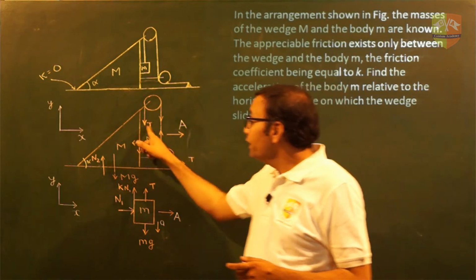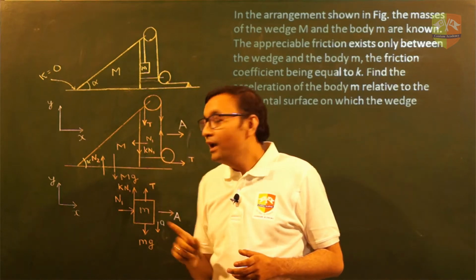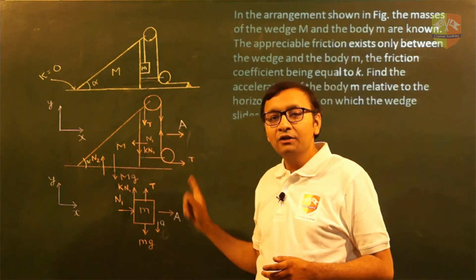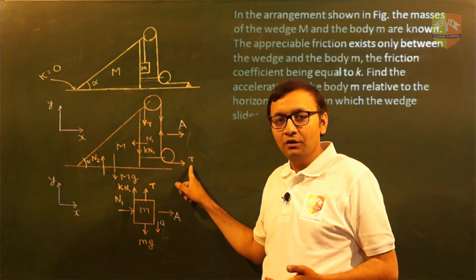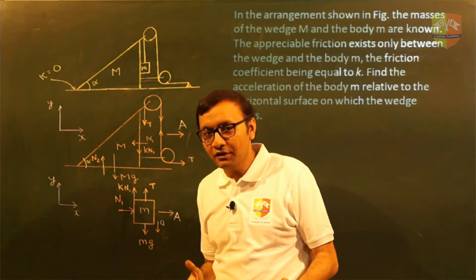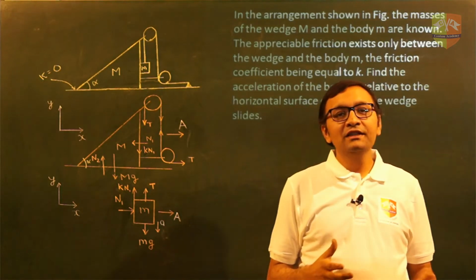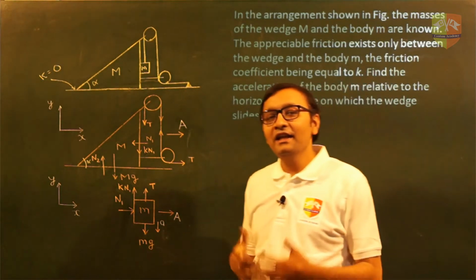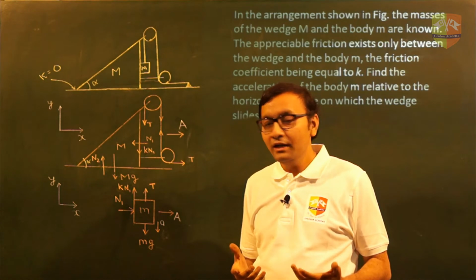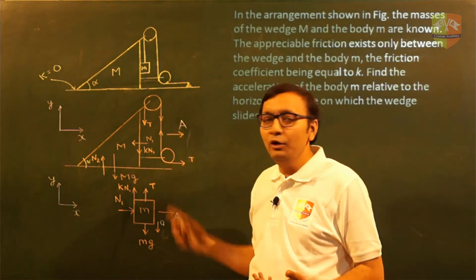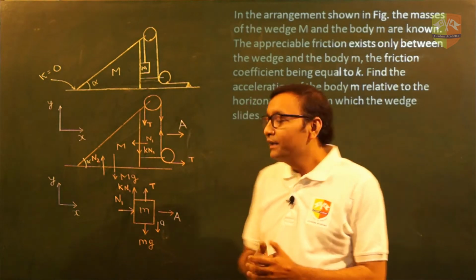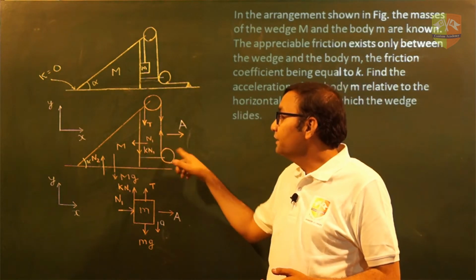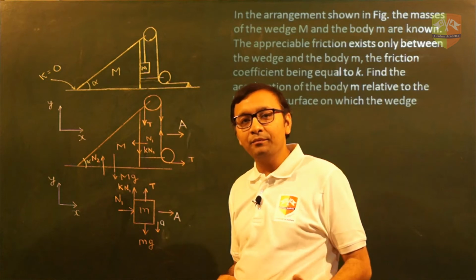Now the values of these two tensions, as you can see, we have marked to be the same. So this T will be equal to that tension force. There is some assumption here. The assumption is the string is massless and inextensible, right? And we have assumed that the pulley is smooth. So if we have all these three assumptions, then we can say that the tension throughout the string is the same.